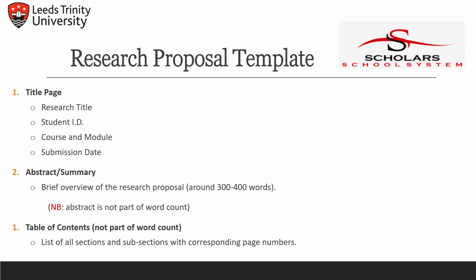The students need to insert the academic table of contents, and keep in mind it will not be part of the word count as well. Under the table of contents, students have to list all the sections and subsections of the research proposal with their corresponding page numbers.